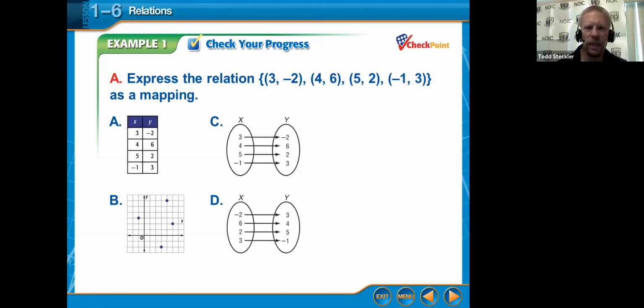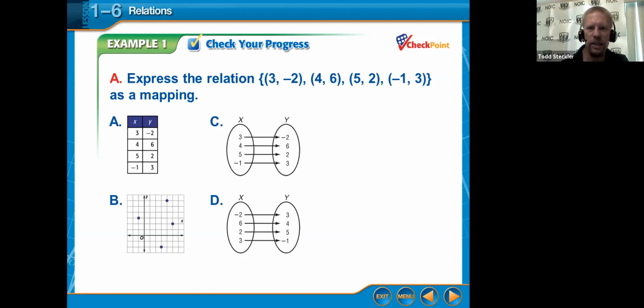So as we take a look at this relation, answer choice A has expressed the relation as a table. And so the X coordinates are the first members of the relation. So they are 3, 4, 5, and -1. And the Y coordinates are the second members of the relation.